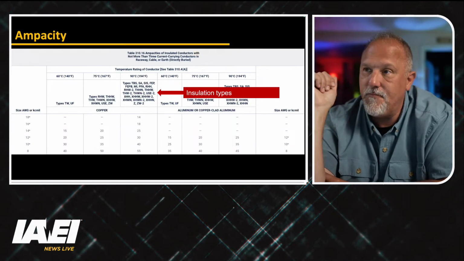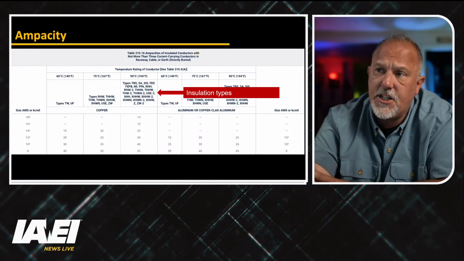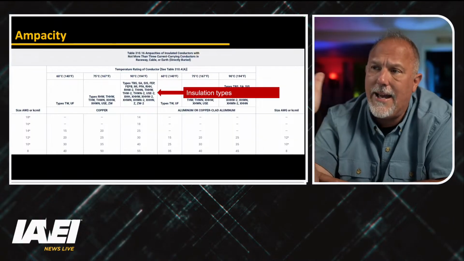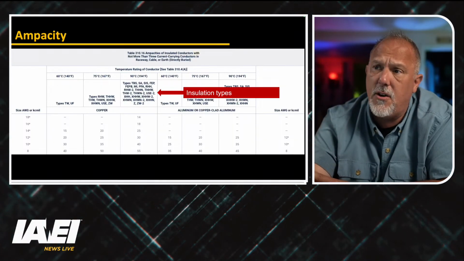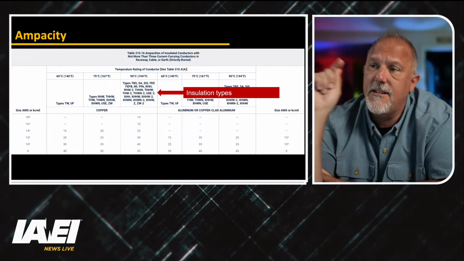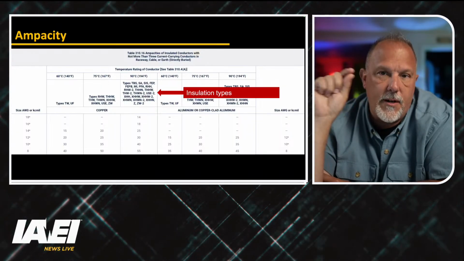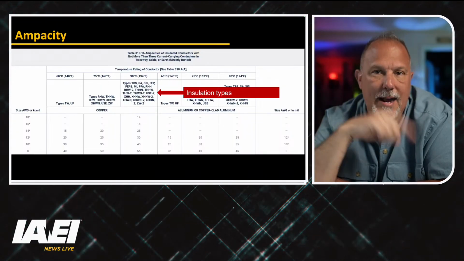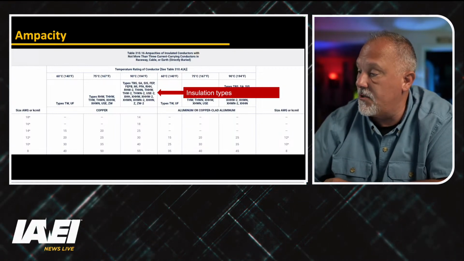Cairo specifically. All right. So THHW, THHN, USE-2, XHHW, all these things. We can have a whole other discussion on what all of those letters mean. But in any case, we know those insulation types are going to be important, and we can go back to that previous table and see how to use those.